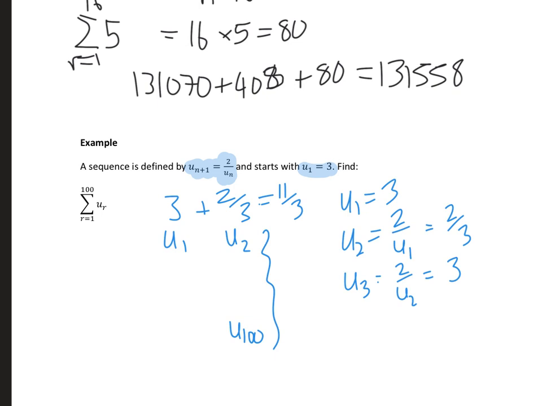How many 2's going to 100? There'll be 50 rows. So it's going to be 50 lots of 11 over 3, which is 550 over 3. Yeah, so when you have a term-to-term rule, it's good to write out the first few terms to spot what the pattern is.